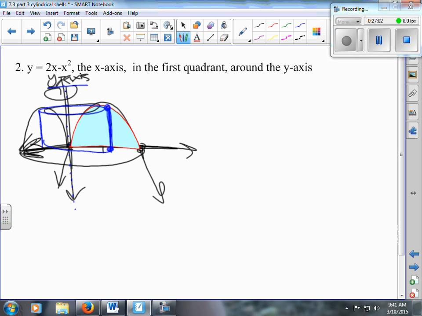So here is this dark blue cylindrical shell, my typical cross-section shell. And the area of this cylindrical shell is 2 pi r h. I have to figure out r, and I have to figure out h.